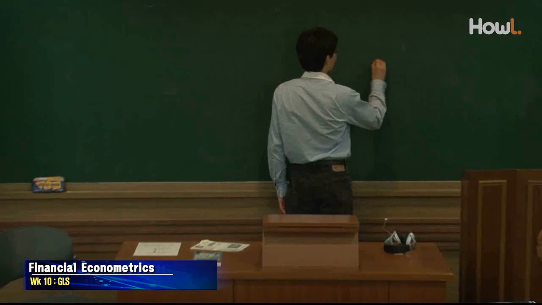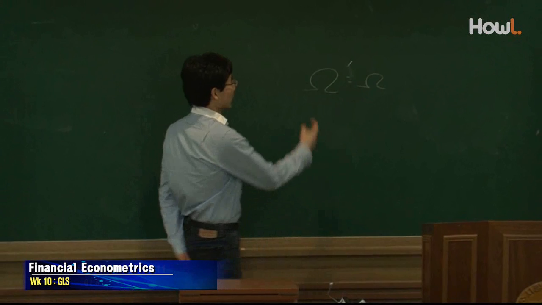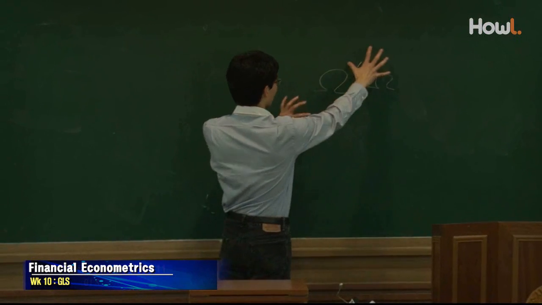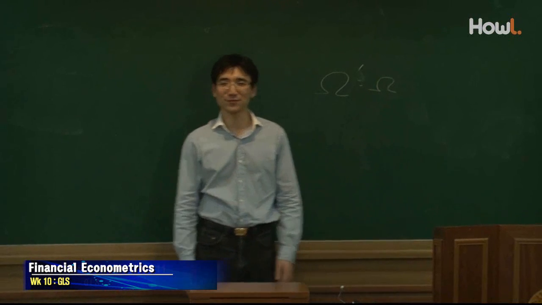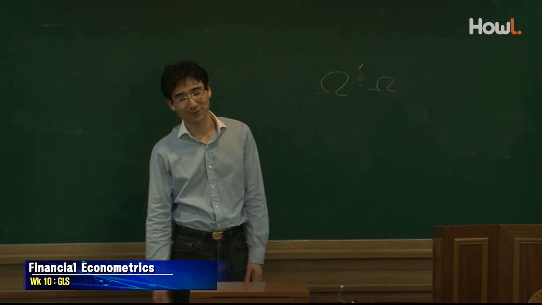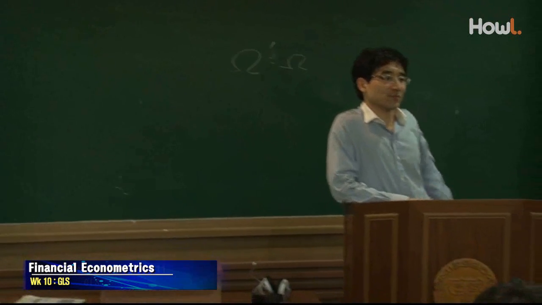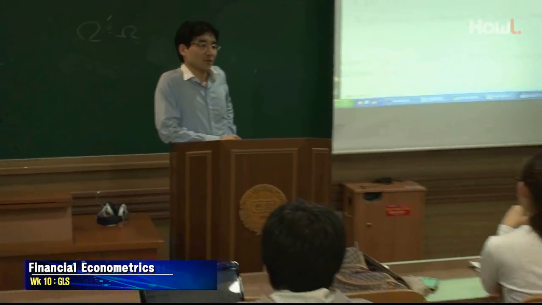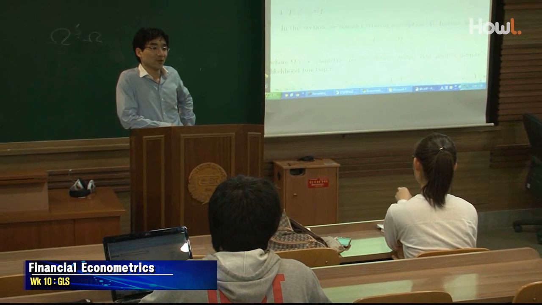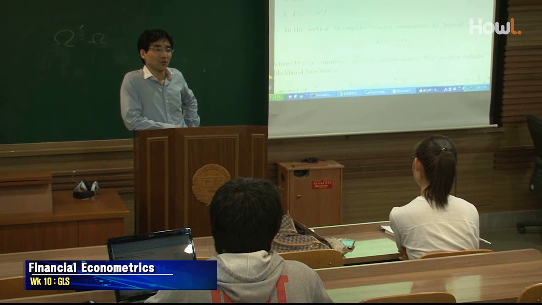Okay. So, on the diagonal matrix, this side and this side are same. So, why it should be symmetric? It's mentioned in the expectation of epsilon epsilon prime is sigma squared omega.